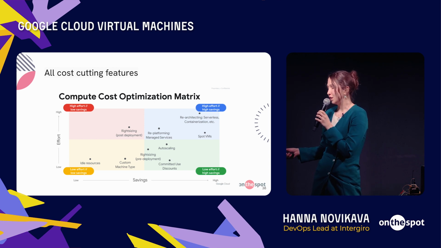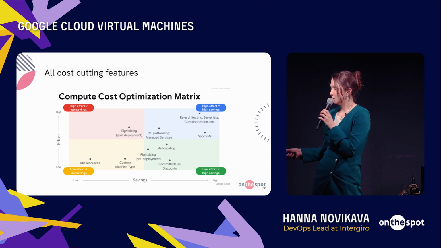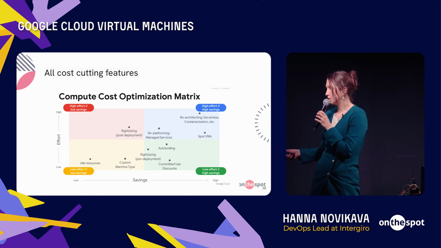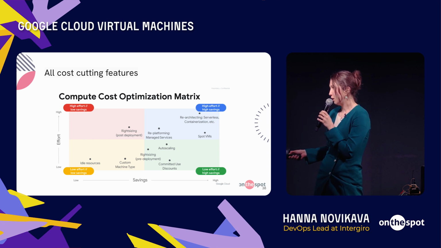Some managed services, just check how they work. Some autoscaling, some custom machine types, if it's possible with your cloud provider. Also remove some resources and use spot virtual machines. We'll talk later about what spot virtual machines are and how they're offered in Google Cloud.